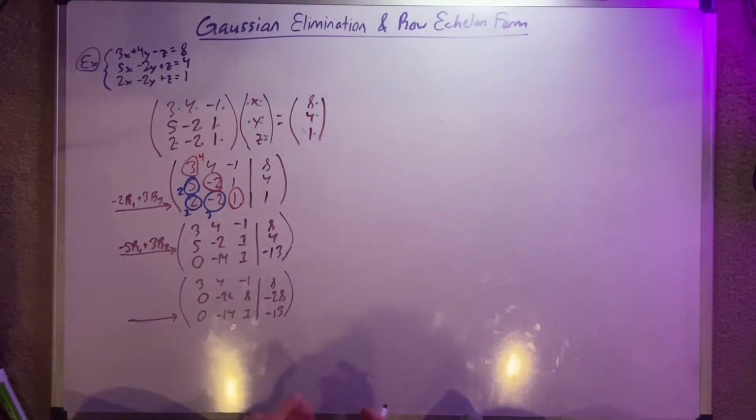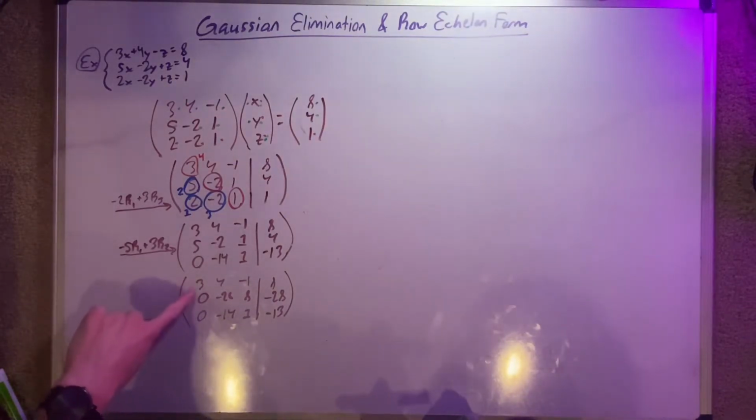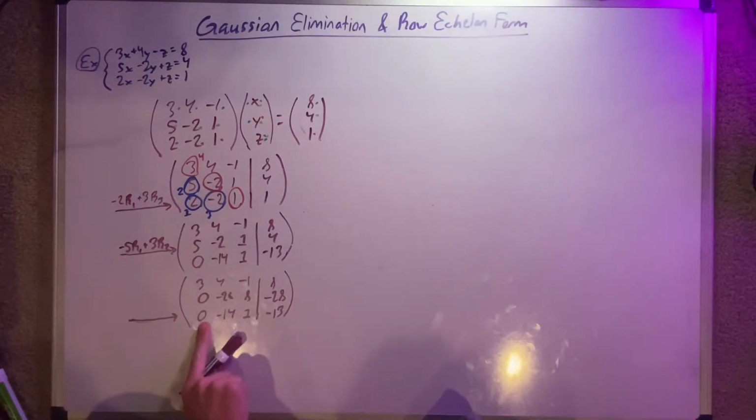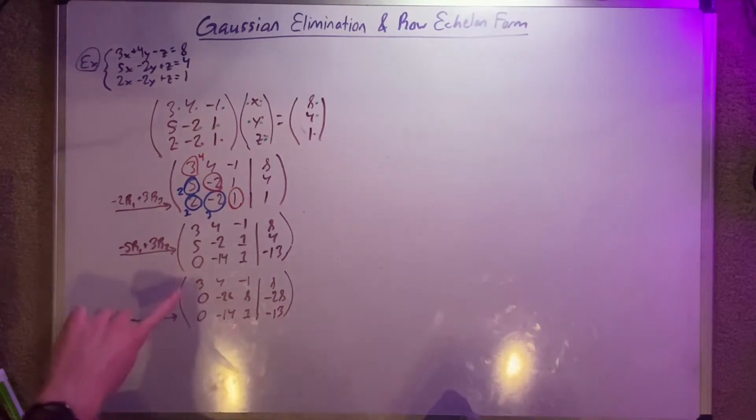So now this third one, we have a little bit of a restriction because we can't use this top row, despite it being easier than the middle row to use to try to nullify, because if we were to multiply this one by something and then add it to the bottom one to get this one to equal 0, this 0 here would no longer equal 0 because it's being added by some number times 3.